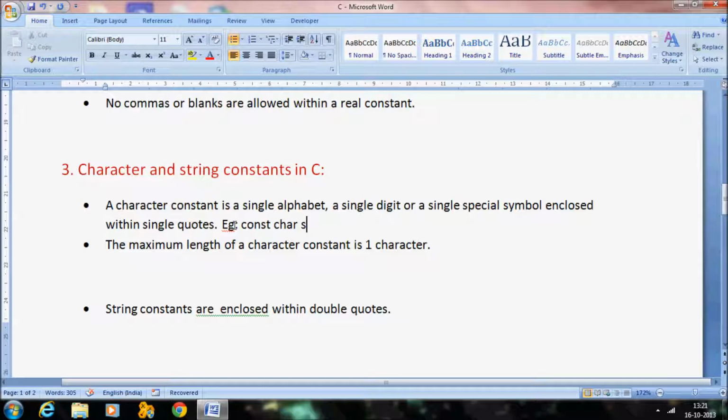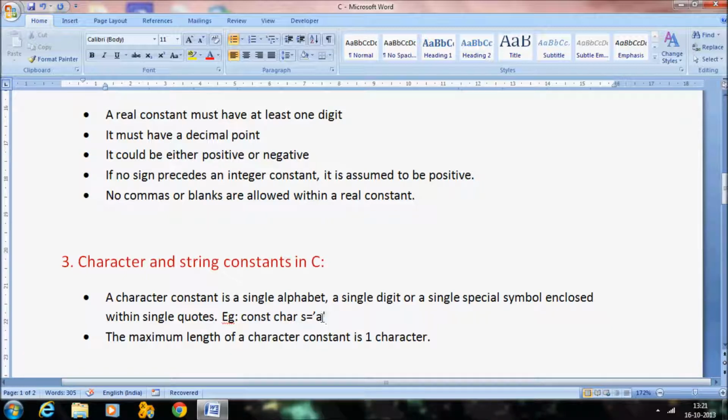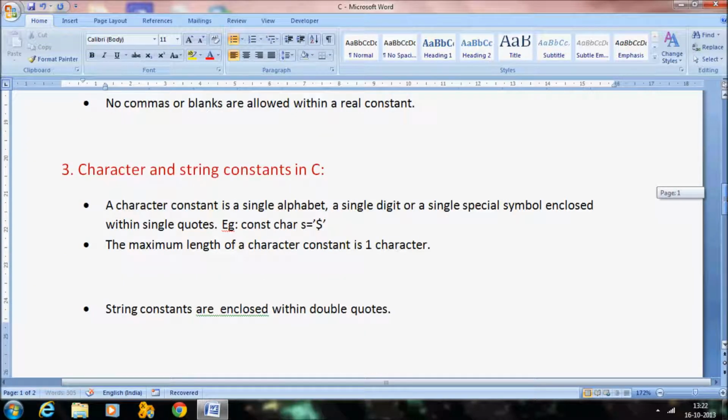In the sense it should be in quotes, that is, the character is equal to, let me say, a, which is a single alphabet. For a digit the same thing follows, instead of a you can put 4, a single digit, or you can consider special symbols, let me say dollar. And the maximum length of a character constant is one character. There is a maximum length.